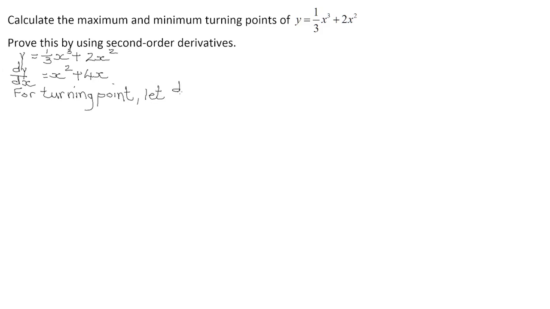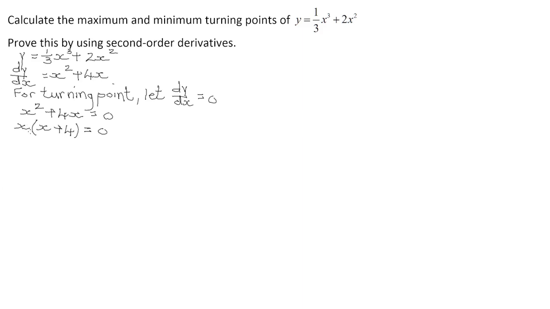For turning point, let dy/dx equal 0. It means that x squared plus 4x is equal to 0. Now we can find the x values. You can see as a common factor of x, we're taking it out. Then you see it's x times (x plus 4) is equal to 0.